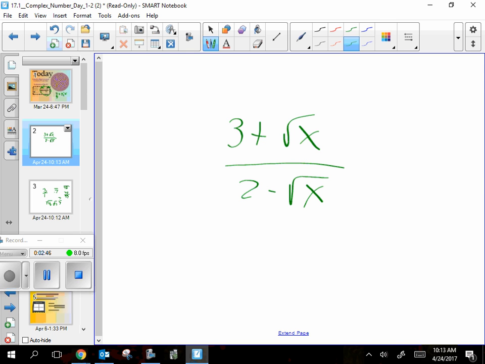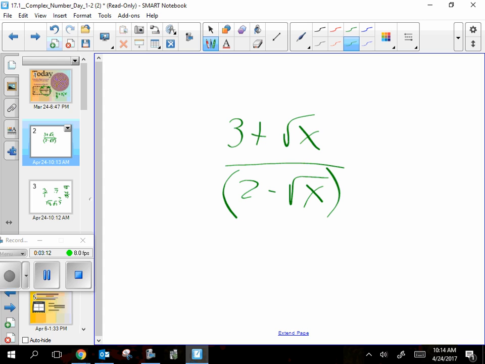Well, dividing has rules. What's one of the things you can't divide by? 0. And square root's another one. 0 is the big one. Can't divide by 0. But you also can't divide by square roots of things unless they turn out perfect. As in, you can't have an irrational number in your denominator.